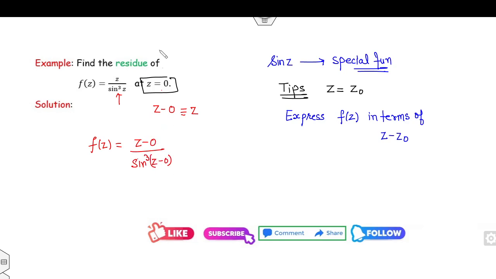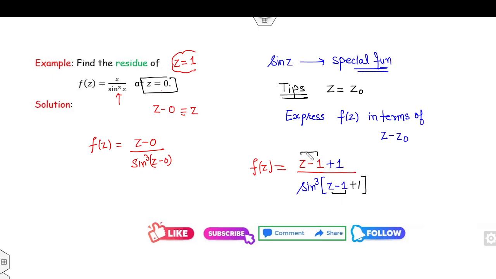That's the same thing. But if somebody asks you to find the value at the point 1, then your target is to write f of z in terms of z minus 1. So I can write z as z minus 1 plus 1. Similarly, for the denominator, it is z minus 1 plus 1. So you can see the term is related to z minus 1.